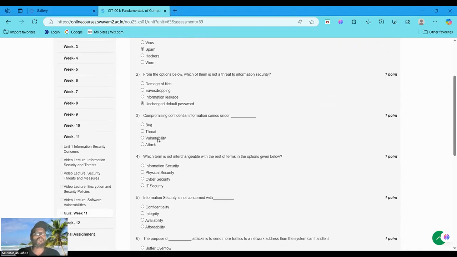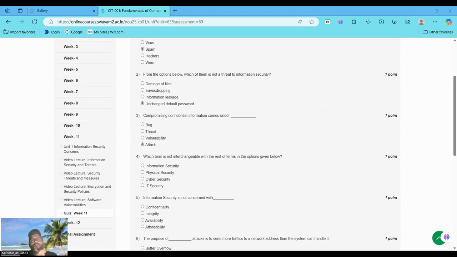That's why we choose option D. Now, moving to question number 3. Compromising confidential information comes under attack. Compromising confidential information is an attack as it involves an active exploit to breach confidentiality.